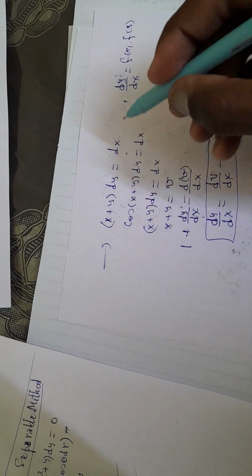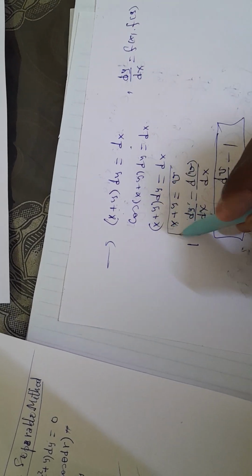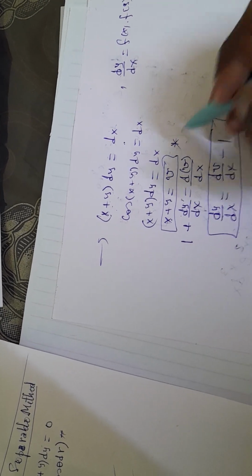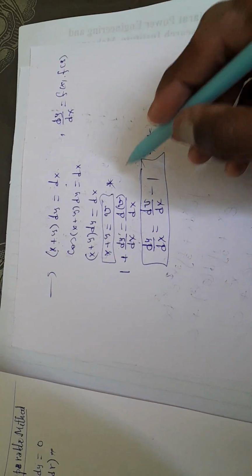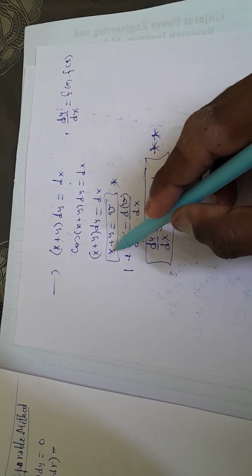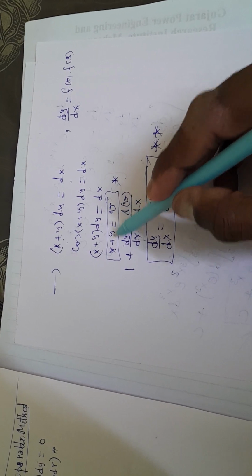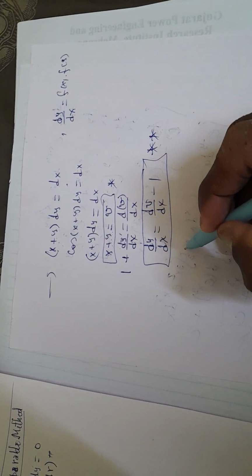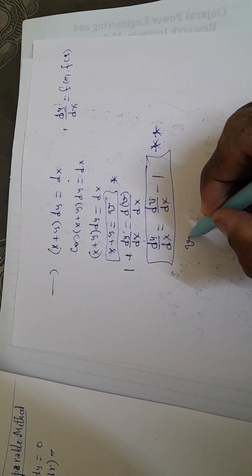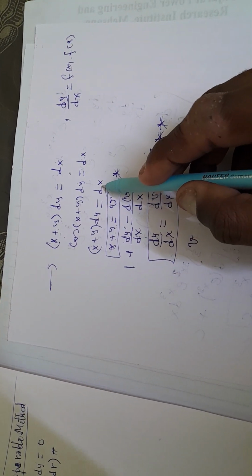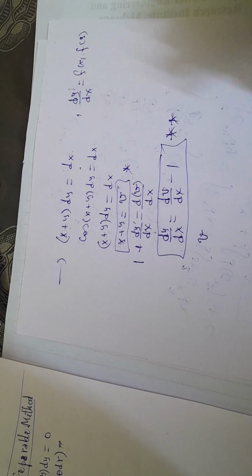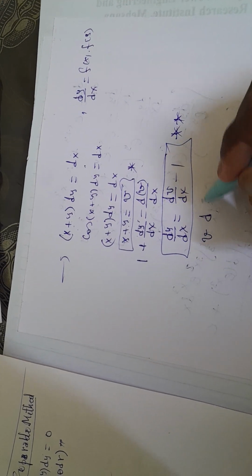Now my substitution will be based upon these two equations. Let us substitute them. Where I find x plus y, I will put v. So here I'll get v, and here we have dy equal to dx.